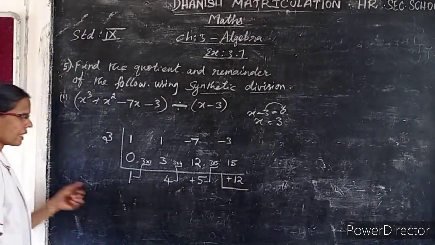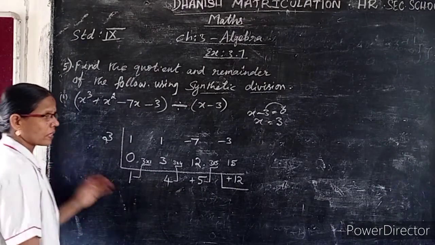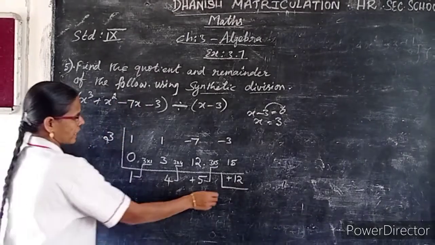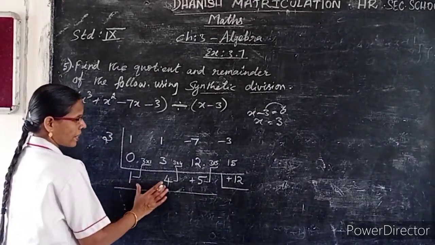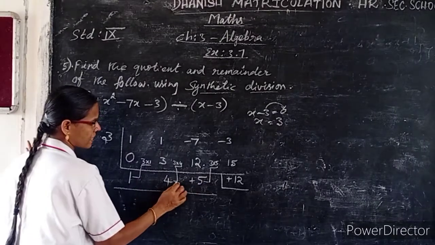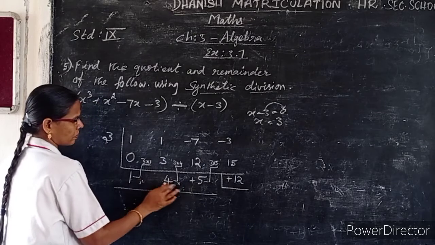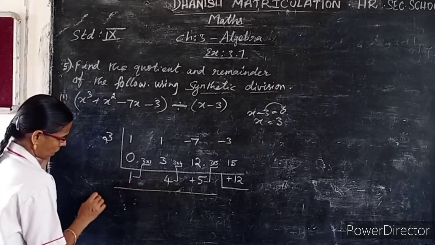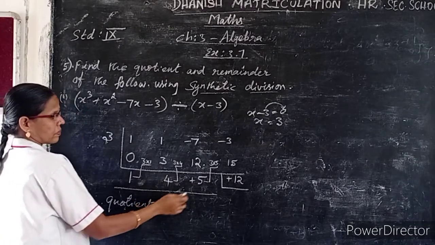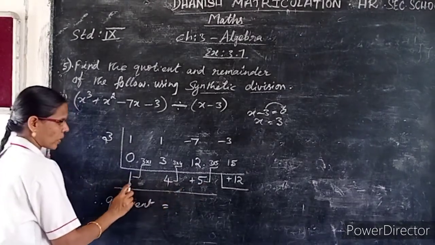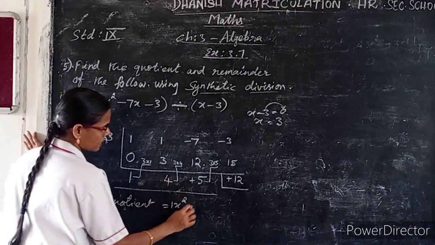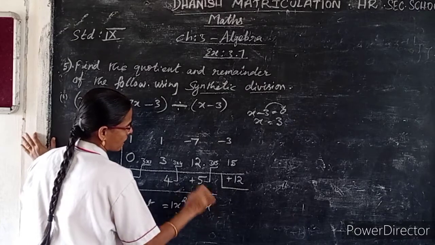So write this is our remainder. The last number is the remainder. The quotient is written as a quadratic polynomial because 3 terms are here. This is the constant term, this is the x term, this is the x square term. So the quotient is 1x square plus 4x plus 5.